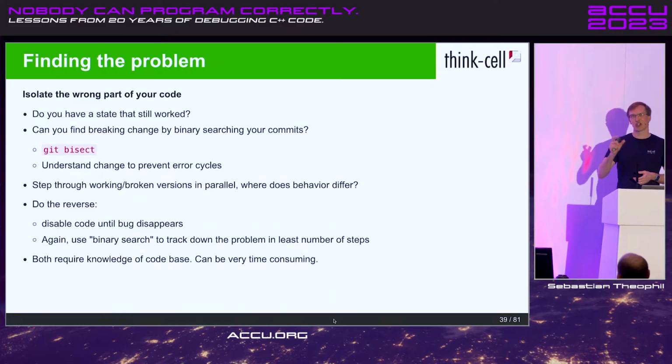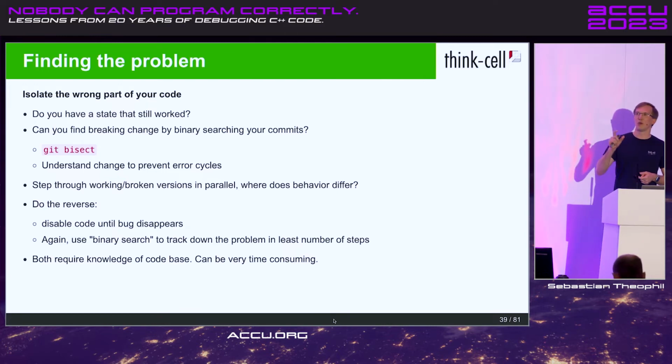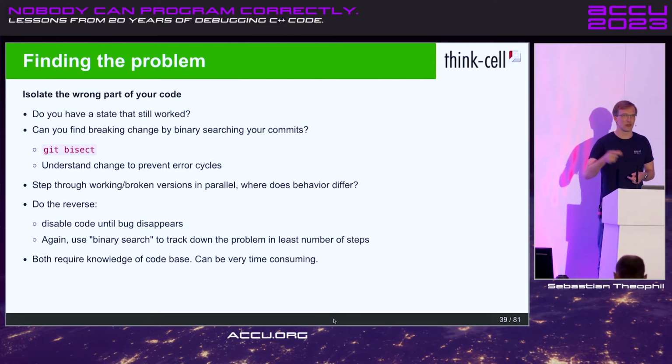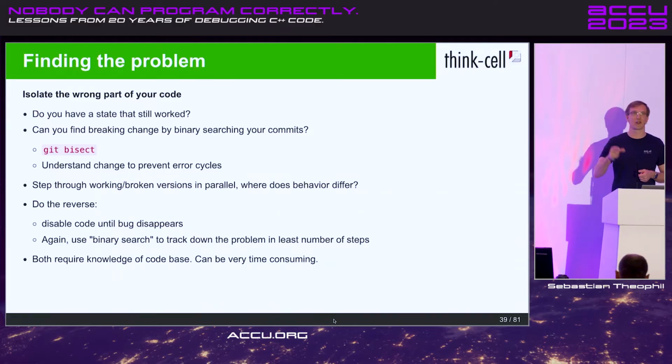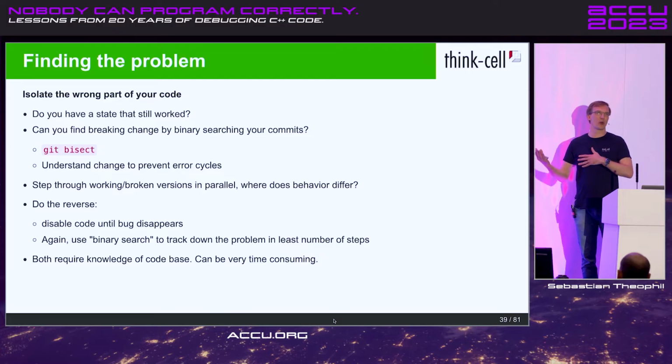You can look at that change that introduced the new bug and figure out what that change tried to achieve in the first place. With that information, maybe you can find a fix that fixes both problems. If you skip that, you might run into the problem of introducing error cycles. You fix the new bug, you reintroduce the old one, etc.